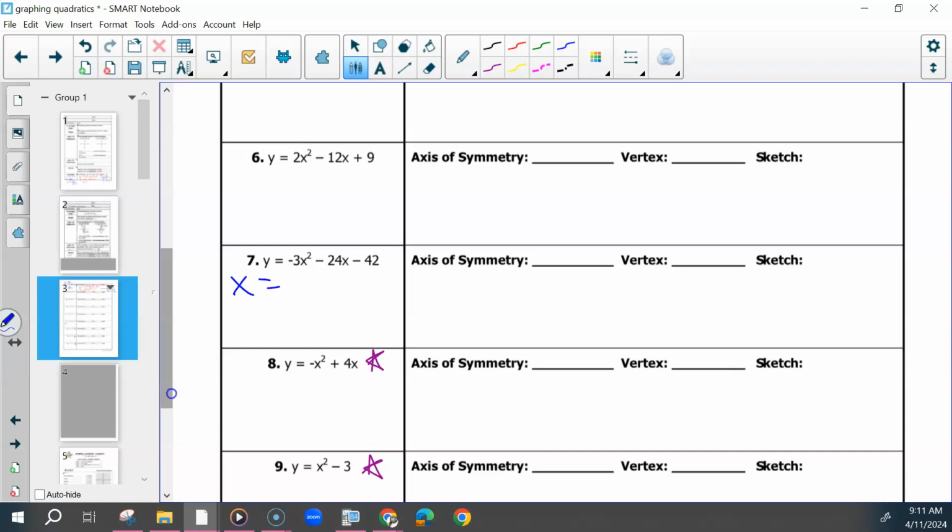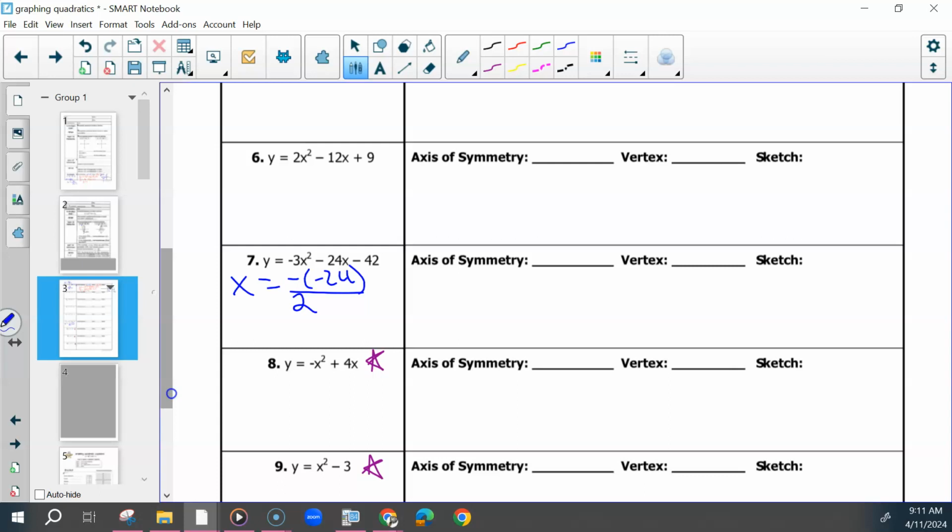How would I set that up? 24 over. You can either put negative minus 24 or just make it positive over 2 times -1 or 1. -3.